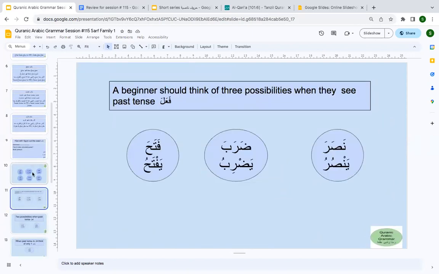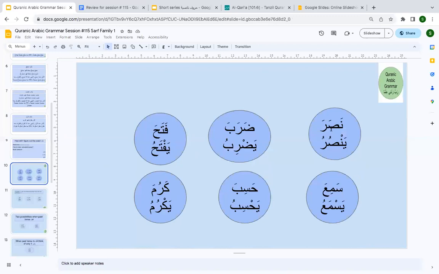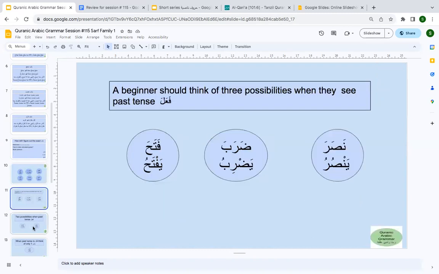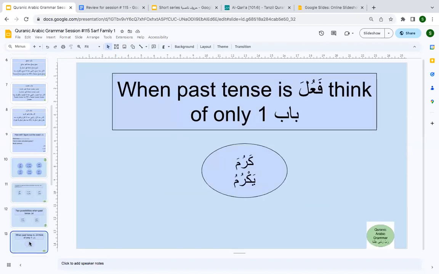I want you to go over these slides, my slides. If you find them understandable, just go over my slides and you will have this memorized: nasara yansuru, daraba yadribu, fataha yaftahu, samia yasma'u, hasiba yahsibu, karuma yakrumu. Then I want you to go over these slides too.